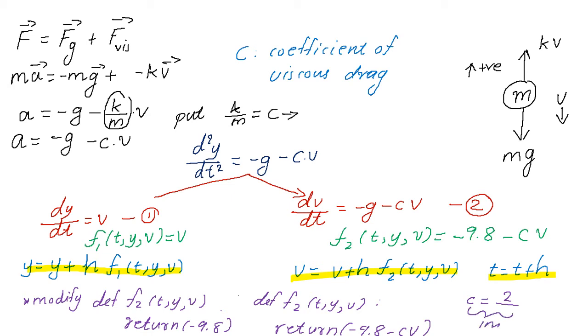You must include this in the initialization step. So with these modifications, our previous problem can be modified to simulate a falling object through a viscous medium.